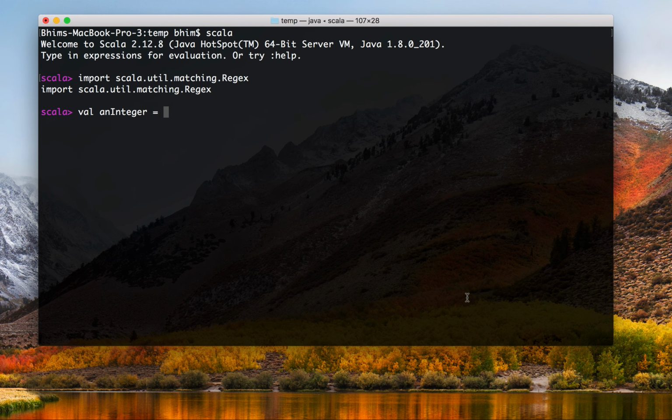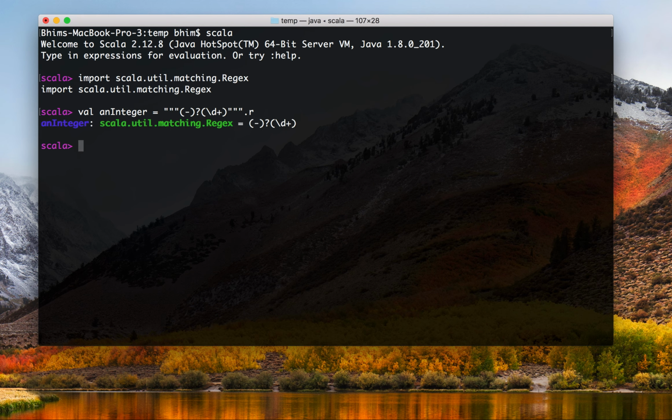Let me first write my regular expression for an integer: question mark, minus sign, question mark, and then digit, one or plus. Okay, that's my regular expression.